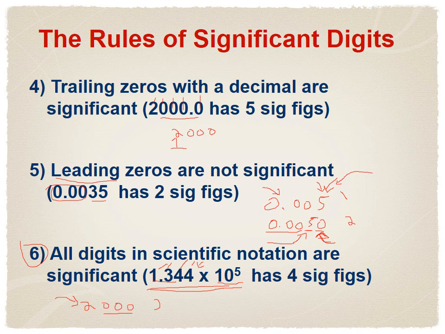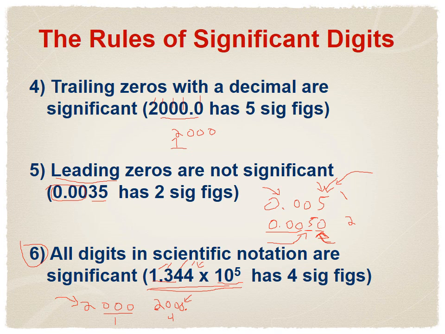You can do this, 2000, point, and just put a point. And that means that all of them are significant. So you're saying that, you know what, I know it's at least 2000, but I don't know what the last digit here is. Is it 2001? So this would make it have 4 significant digits.